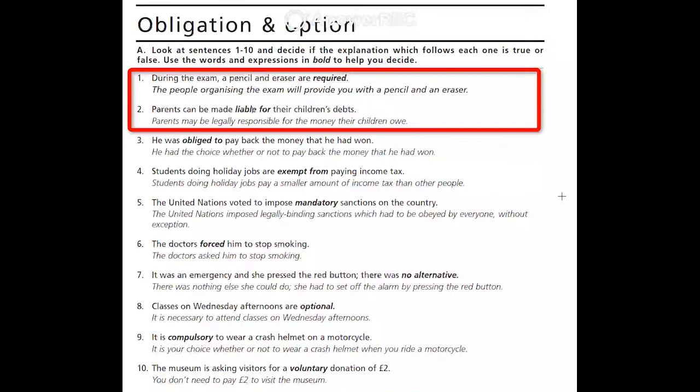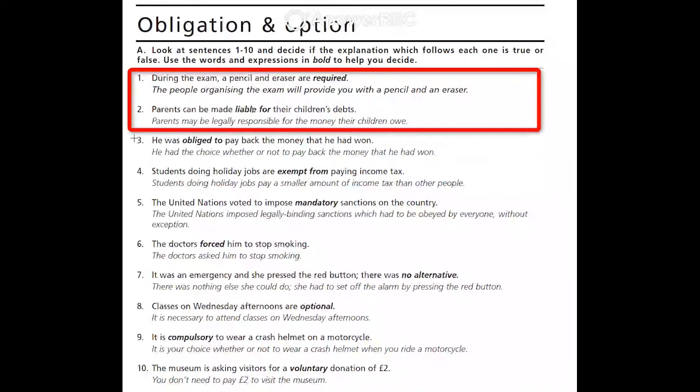All they said is that you need to use one, okay? And number 2, parents can be made liable for their children's debts. That means they are, yes, they are responsible. The parents may have to pay on behalf of their children. All right, so it's true for number 2.